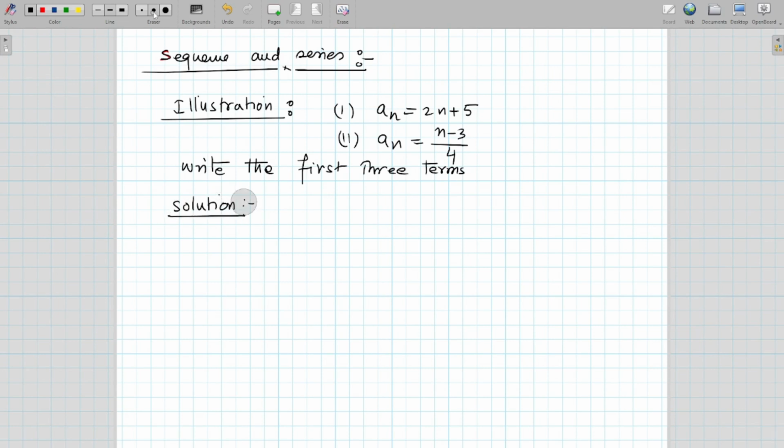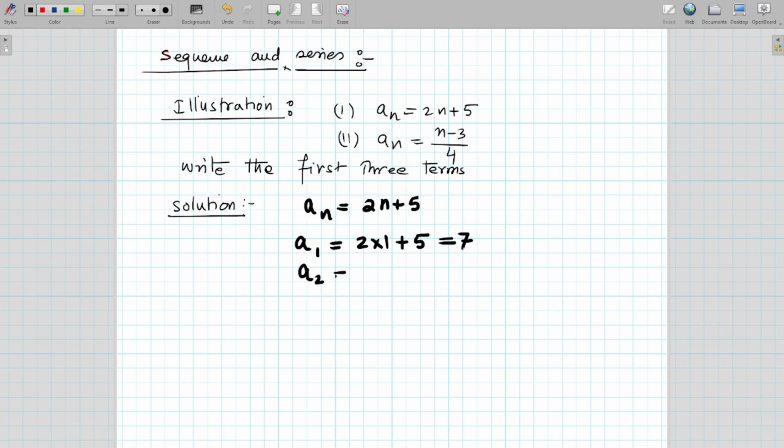An is 2n plus 5. Okay. So what will be a1? n की जगह क्या रखोगे? 1. Okay. So 2 into 1 plus 5. So what is your answer? 7.